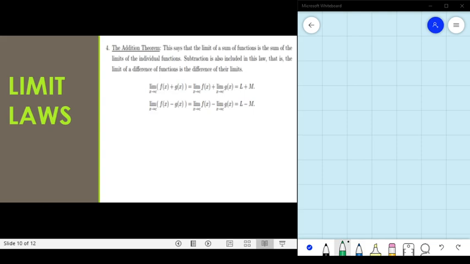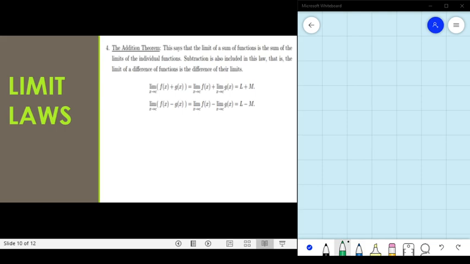Okay, next is the addition theorem. So this says that the limit of a sum of functions is the sum of the limits of the individual functions. Subtraction is also included in this law. That is, the limit of a difference of functions is the difference of their limits.